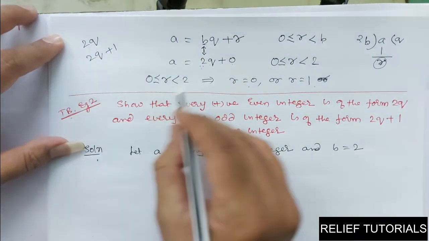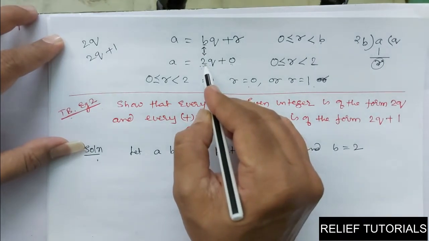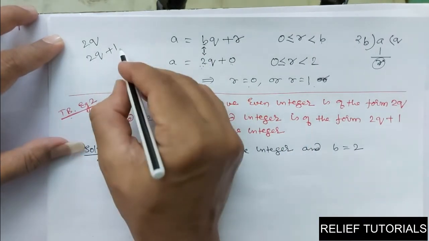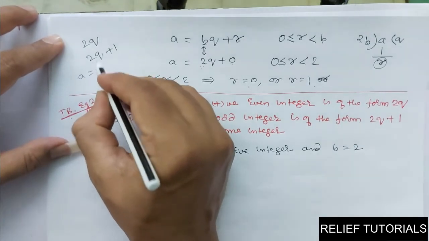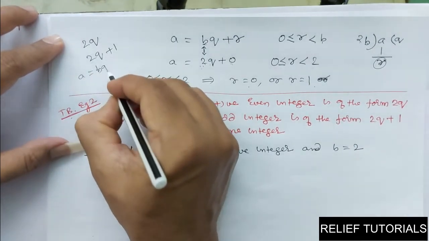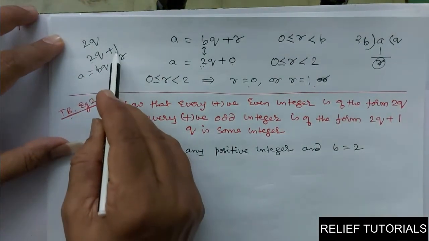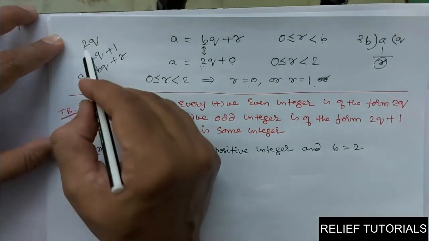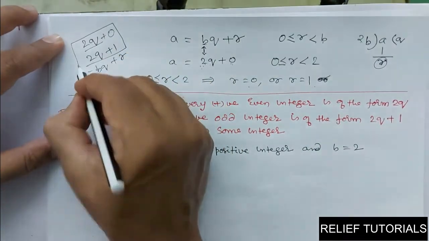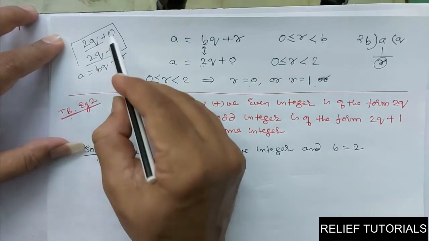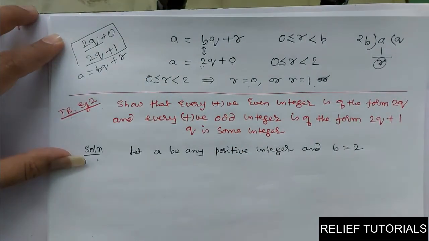If you compare 2q plus 0 with a equals bq plus r, then b equals 2. And here also 2q plus 1 compared with a equals bq plus r, so b equals 2 and r equals 1.